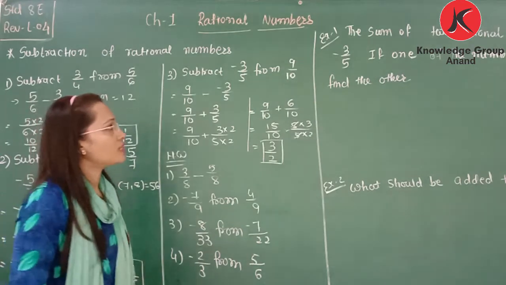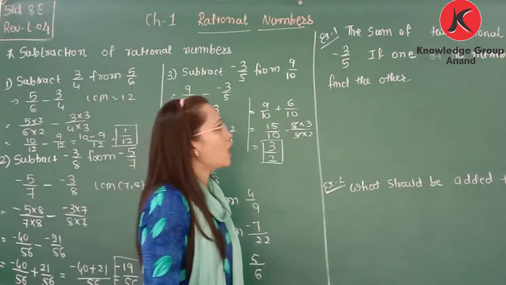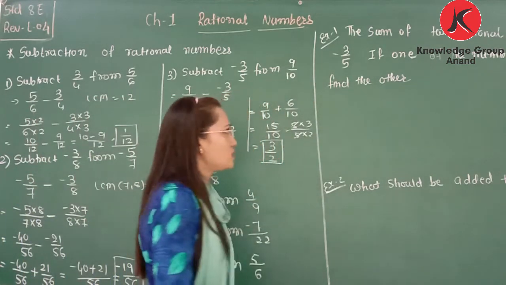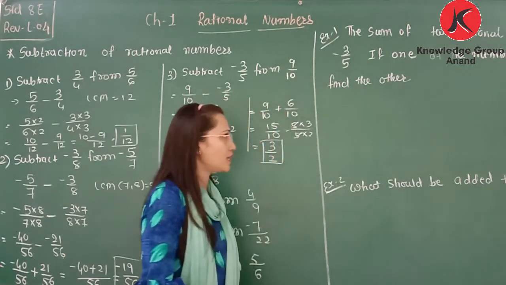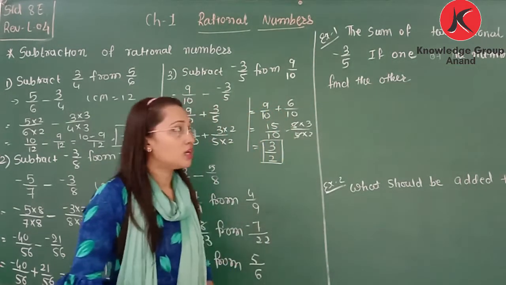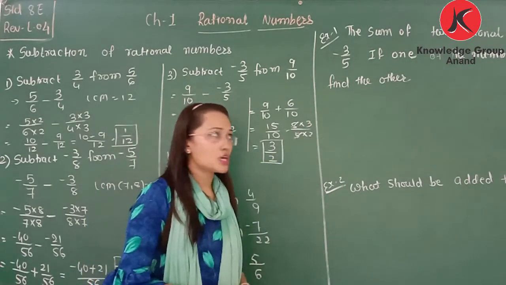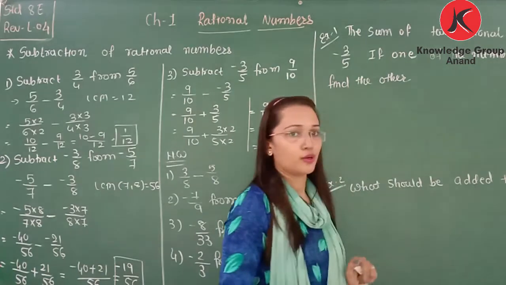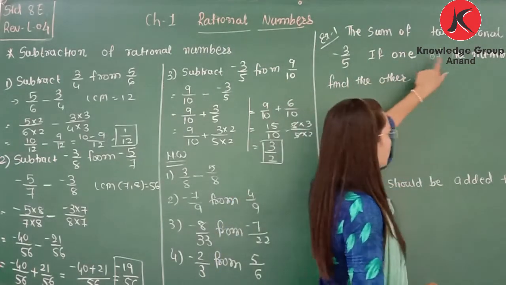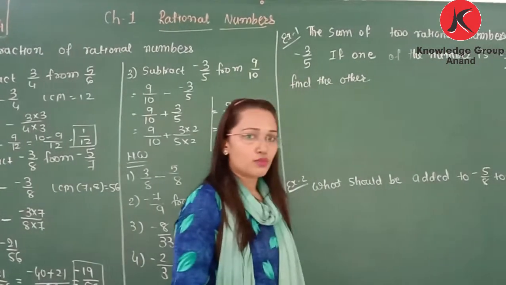Now example 1. The sum of two rational numbers is minus 3 by 5. If one of the numbers is minus 9 by 20, find the other. What is the question? The sum of two rational numbers is minus 3 by 5. One of the numbers is minus 9 by 20.